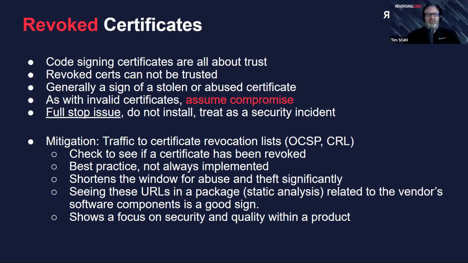Those are the two mitigation elements. That's a live way to go check the most updated list of revoked certificates and ensure that the ones you're using aren't on it. If you see that, that means that this best practice is in place. And if it's vendor code, that they're taking this stuff seriously and ensuring there's less of a chance that you can get hit with an abused certificate. So that's a good thing.